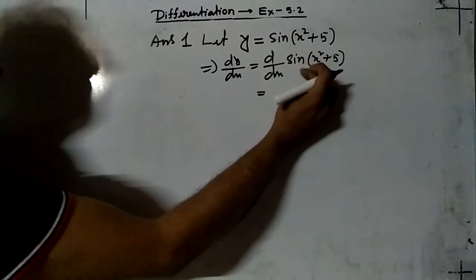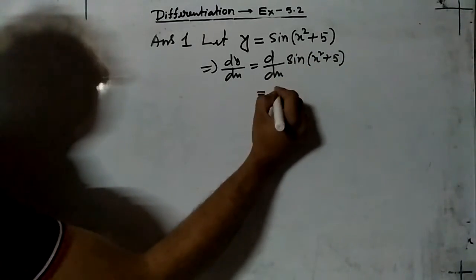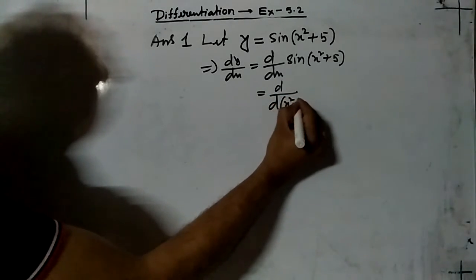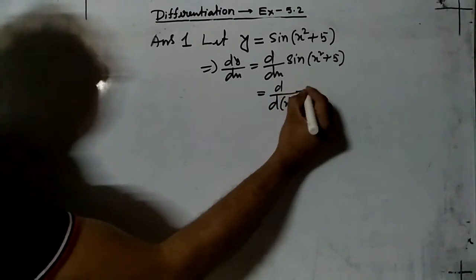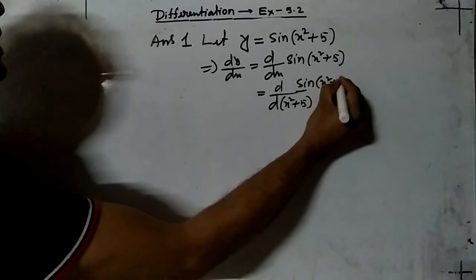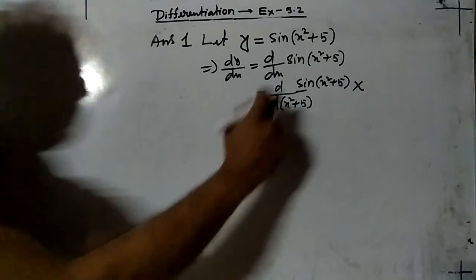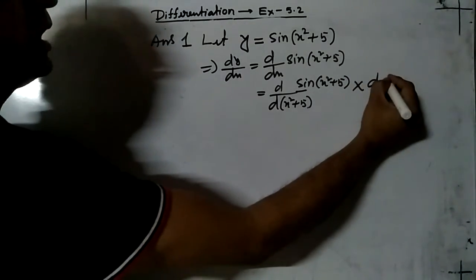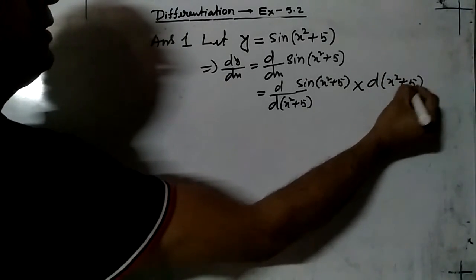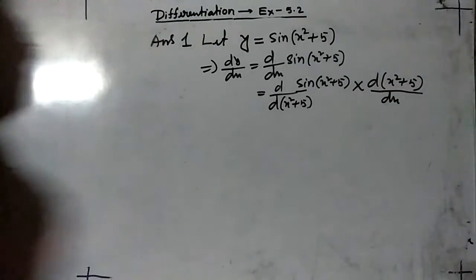We can differentiate sine of x square plus 5 with respect to x square plus 5. So d by d of x square plus 5, then it is sine of x square plus 5. Extra, you have divided this, so you have to multiply also. That's why its name is chain rule. Times d of x square plus 5 divided by dx. Okay, fine.